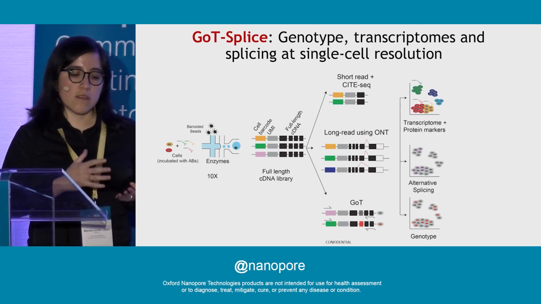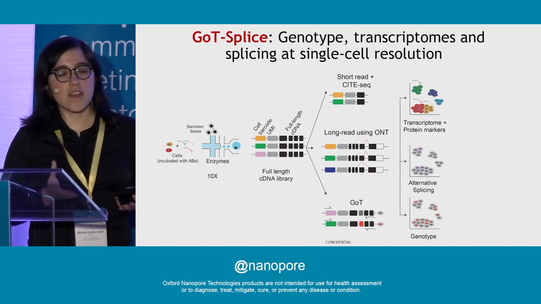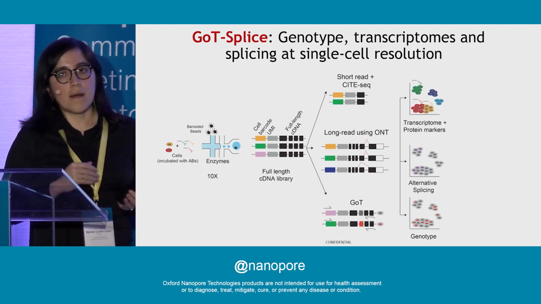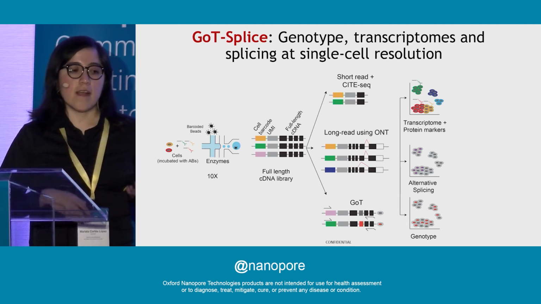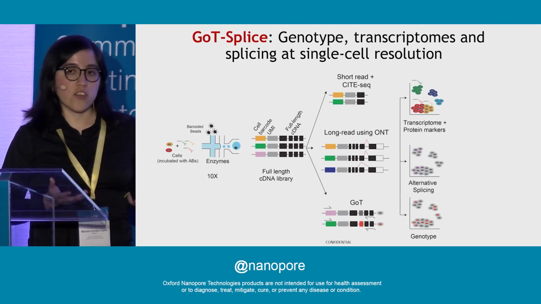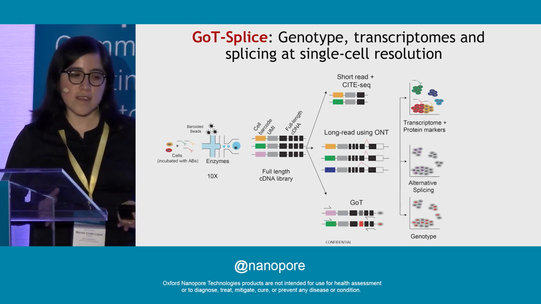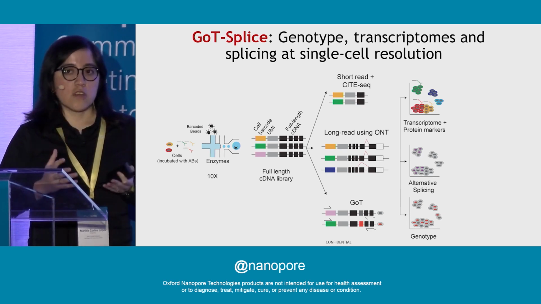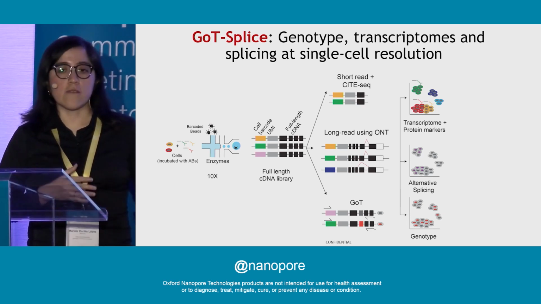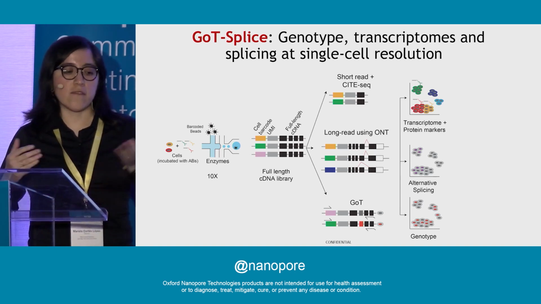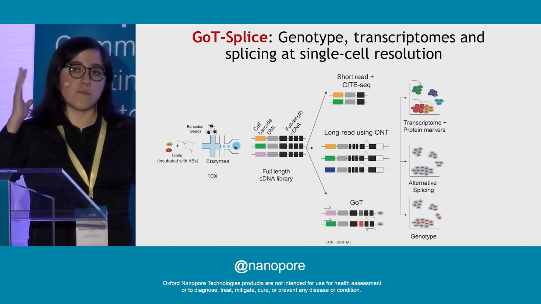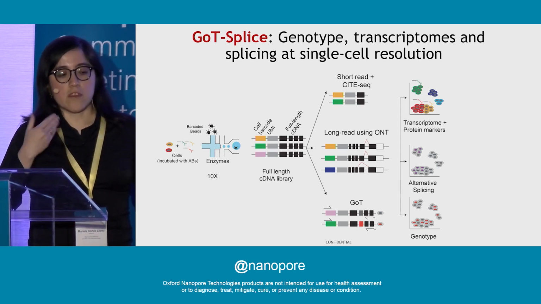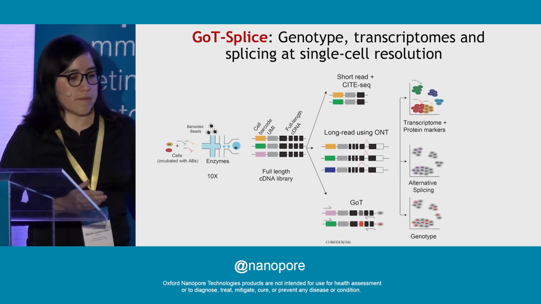And in order to have a good description of the different cell types, we included CITE-seq. So now we can measure from the same cell which proteins are on the surface of the cell to identify the different cell types. We can measure the identities of the different cells, whether they are wild type or mutant for the splicing factor mutation, and whether we can properly reconstruct the transcriptome using the long-read sequencing.